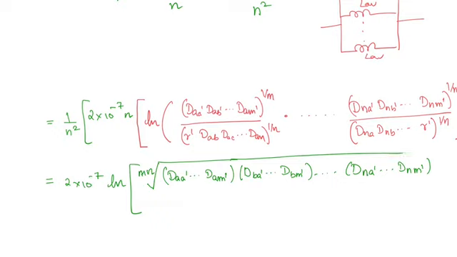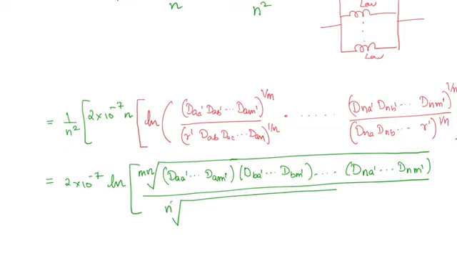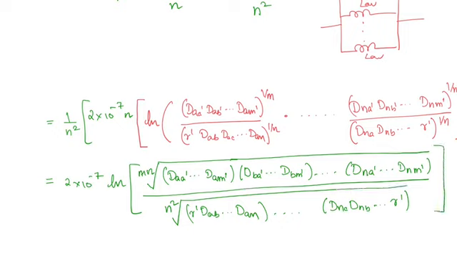All of these terms are going to have m nth root, divided by, similarly in the denominator you are going to have, here the root is going to be n square. Okay, so here you have r dash, dab, so on till dan and so on till dna, dnb, so on till r dash.